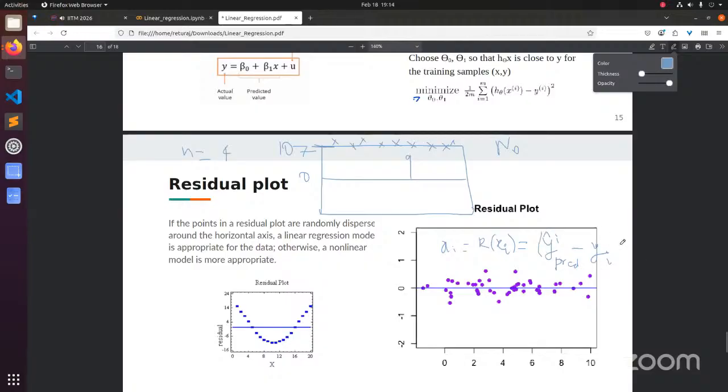If your model is good, y prediction should be equal to yi, so the residual should become 0 everywhere. In general you will never get exactly the y equal to 0 line, but it should be very close to 0. It should not be like 107. If all values are 107, you know that your model is poor, because the error between the prediction and the true value is so high. So the model n equal to 4 is not good.